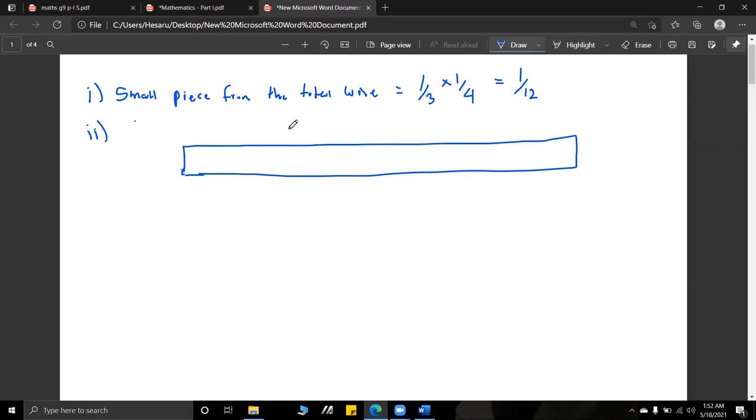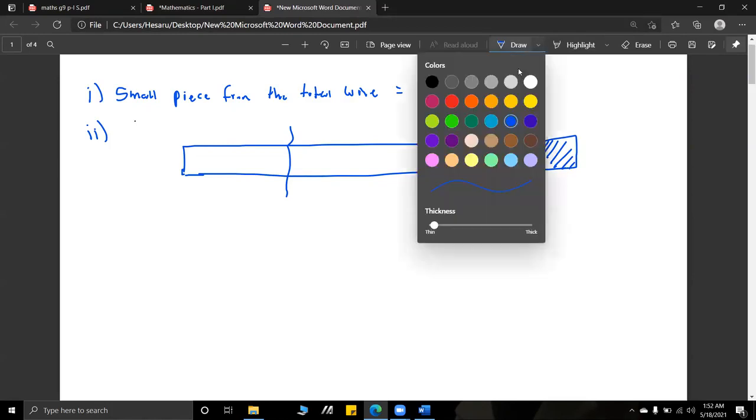We have to justify this answer by a diagram. So first you are going to cut this into 3 parts. Now again you have to divide this into 4 parts. 1, 2, 3, 4. Likewise this is one small part. To explain this further, you can draw like this.